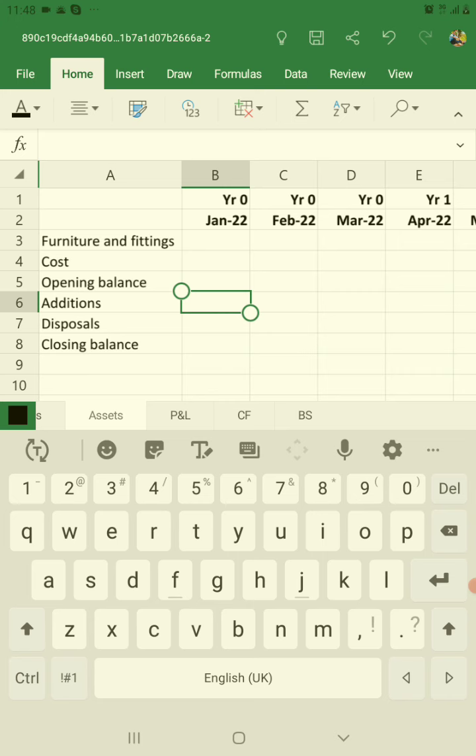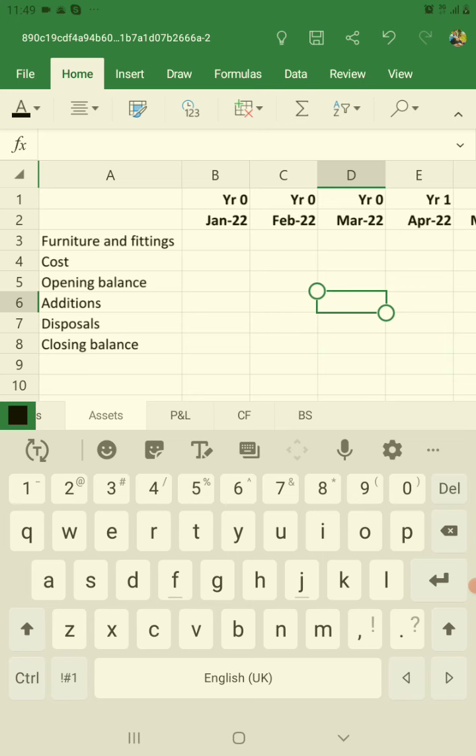For this business assumptions, we said that we will rent for the office in March. Okay, there is where the office is rented and started to be used. So it is this time where we will purchase furniture and fittings for the shop.